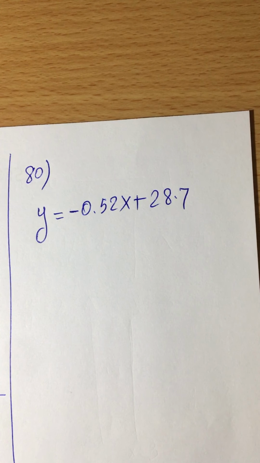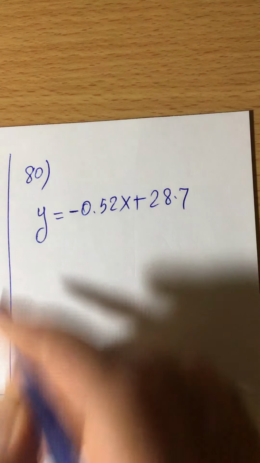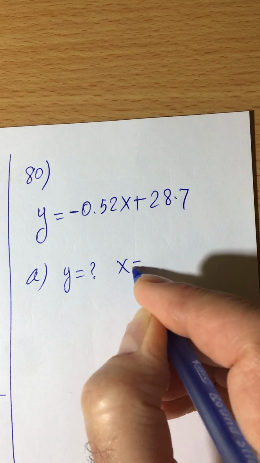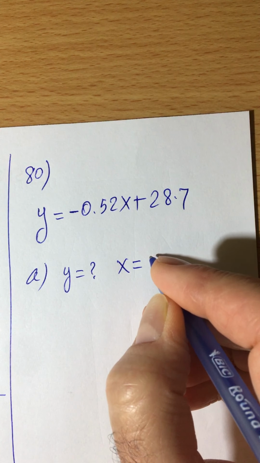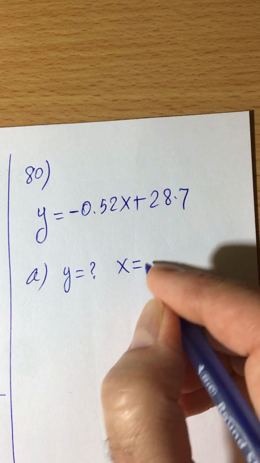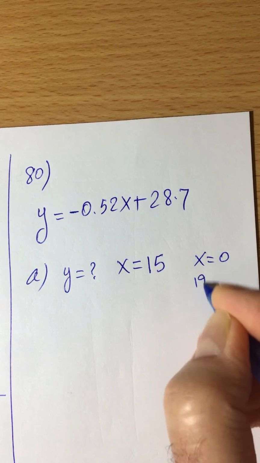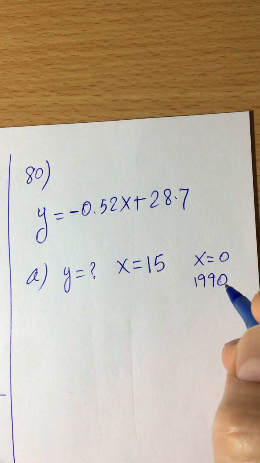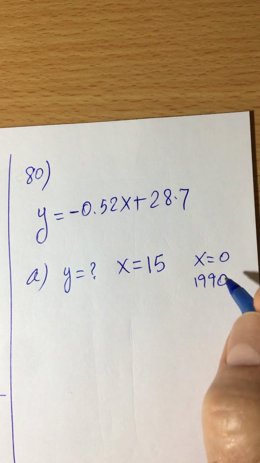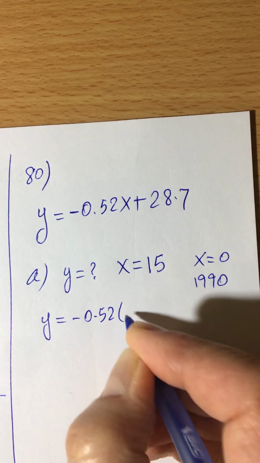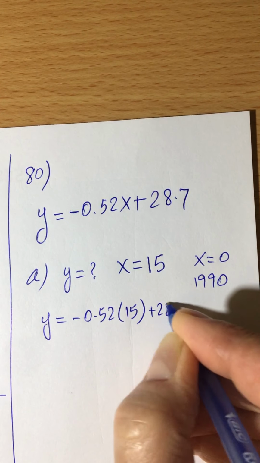Use the equation to find A, the percentage of adults who smoked in the year 2005. So part A, we want to find out what is y if x is in 2005. So that will be 15, right? Because x equals 0 corresponds to 1990. Okay, so you put 15, so y equals negative 0.52 times 15 plus 28.7.